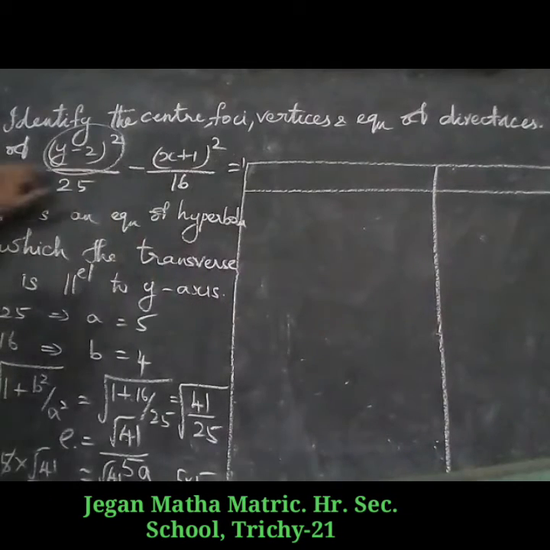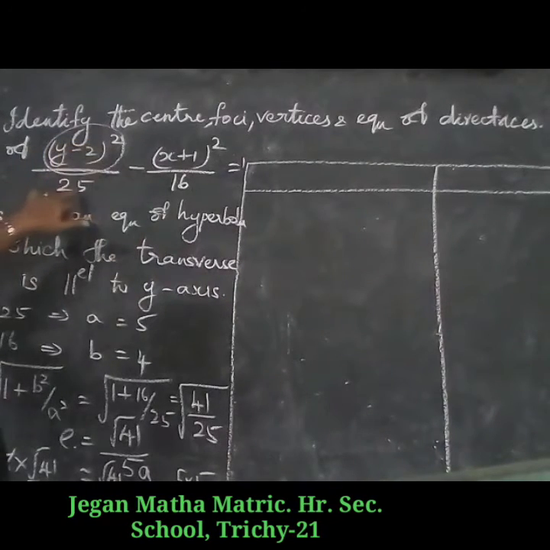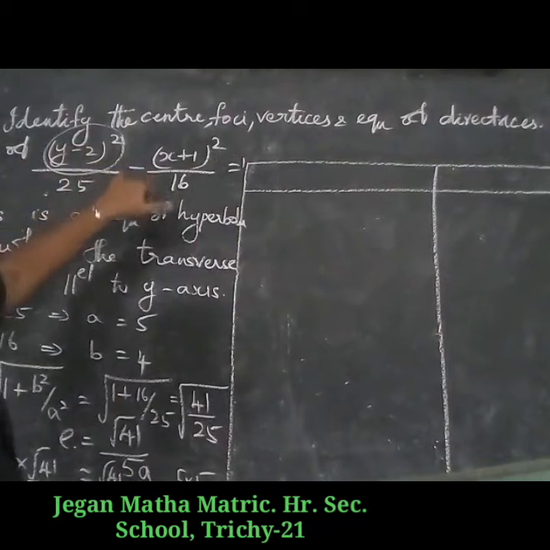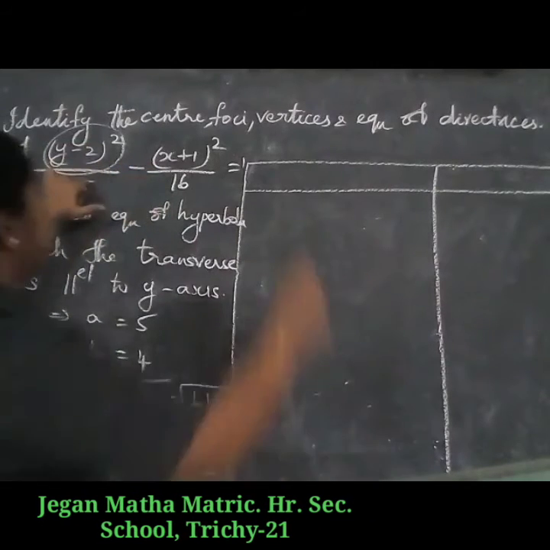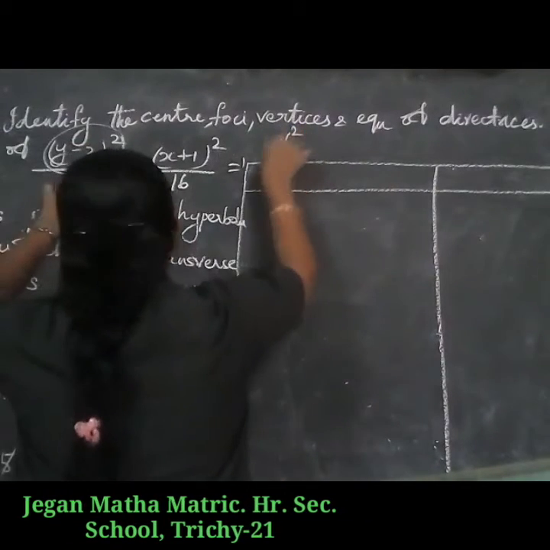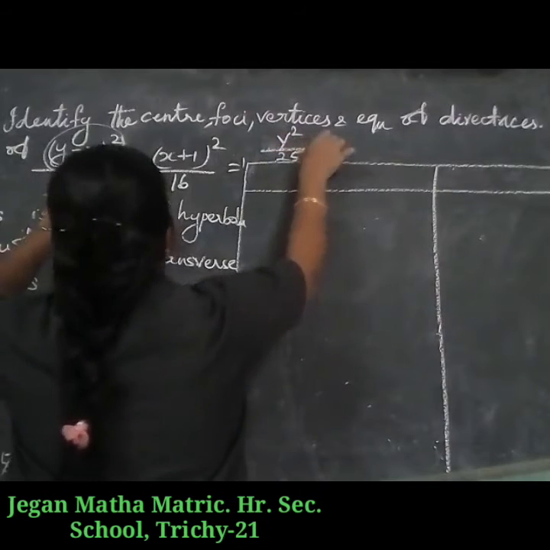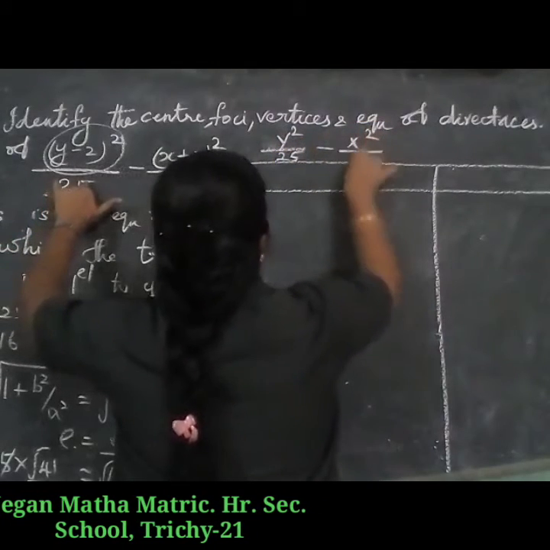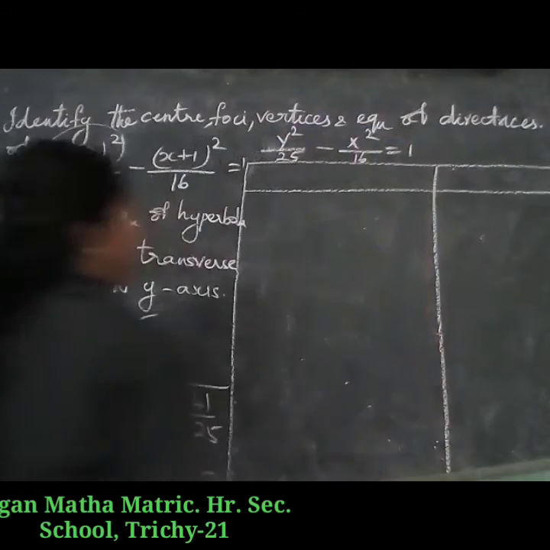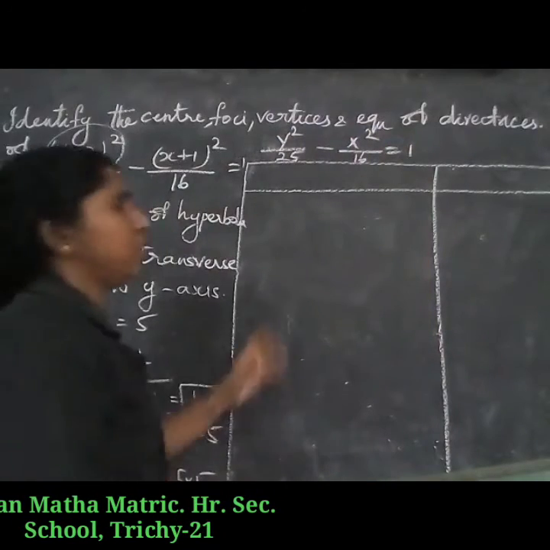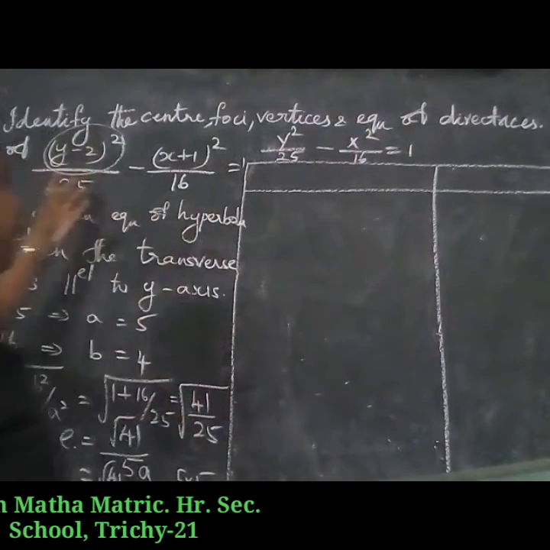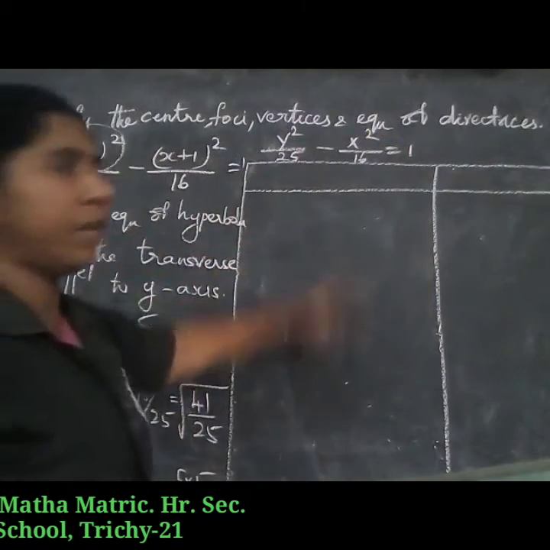Now, the given equation is (y minus 2) the whole square by 25 and (x plus 1) the whole square. First, we can write this one as capital Y square by 25 minus capital X square by 16 equal to 1. So, now based on two axes, capital XY and small xy, we have to find out.